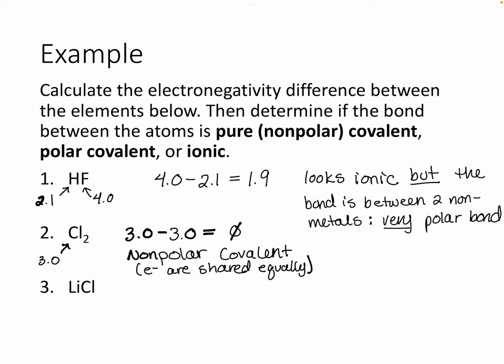All right, the next one, lithium and chlorine. So earlier we saw that lithium has an electronegativity value of 1.0 and chlorine's value is 3.0. So if we take the difference between those, we get a difference of 2. So let's look at our table.